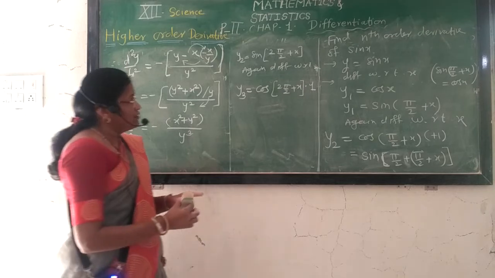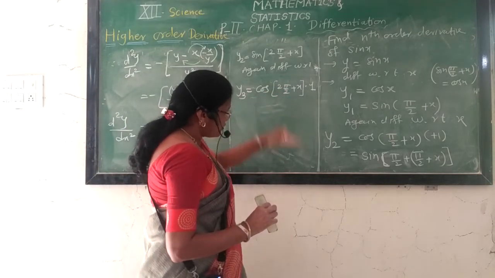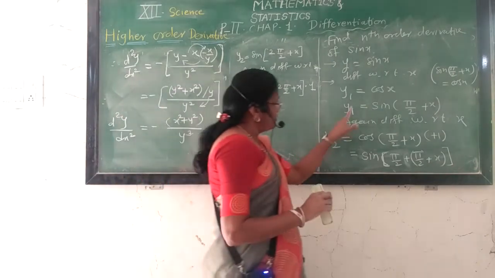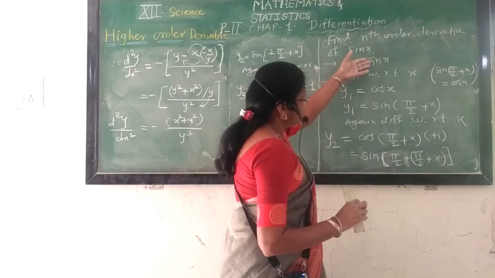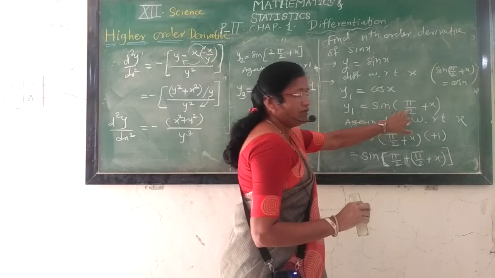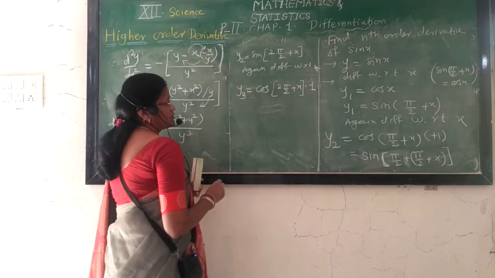Now you cannot simplify 2 times pi by 2, which means only pi plus x, but we take here a common conclusion. When we find the derivative of cos, we get the answer in sin. Derivative of sin, we get the answer in cos. Cos can be adjusted by taking the first property for sin pi by 2 plus x as cos x.